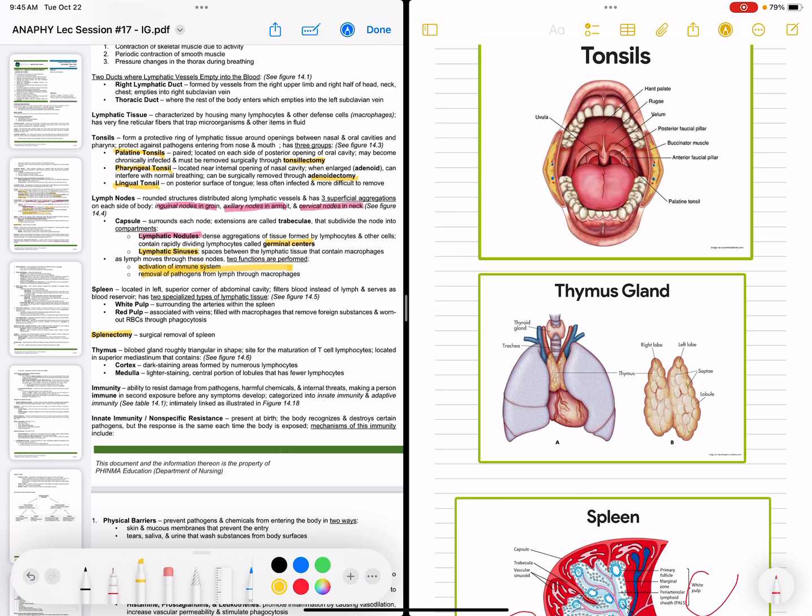Okay, so ang location, the thymus gland is lymphoid mass found in the low throat overlying the heart. Okay, so overlying the heart.